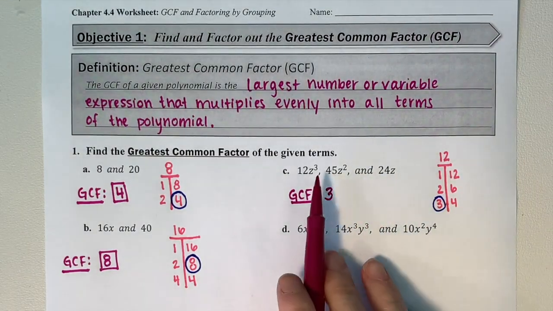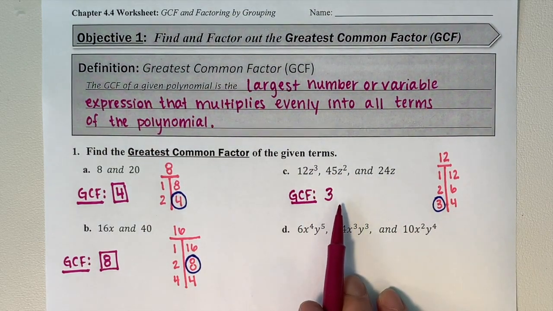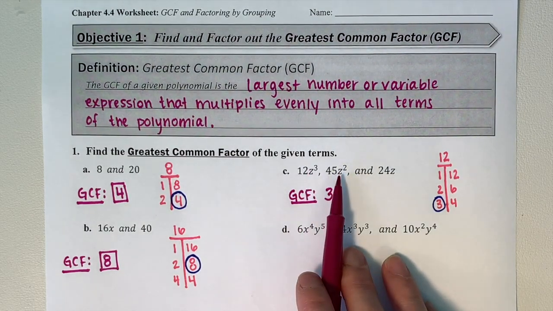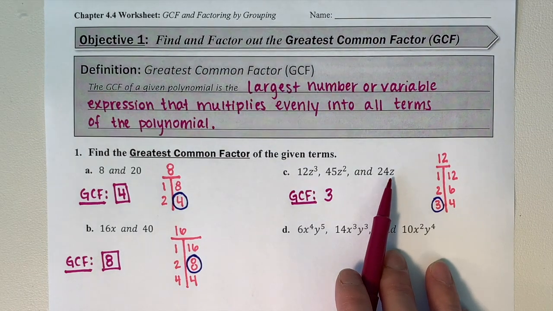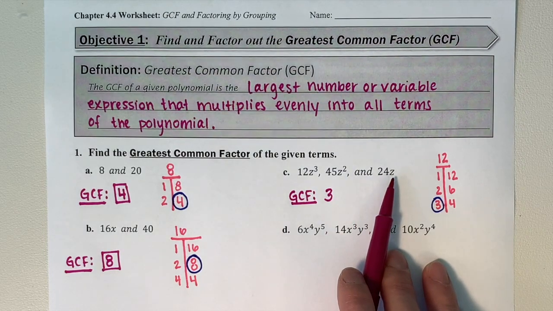Now notice all of these terms have a z. So if all of your terms have a z, you must put a z in your GCF. And to determine what z to put in your GCF, do you put z cubed, z squared, or z? When you're identifying the GCF, you always pick the variable with the lowest exponent.